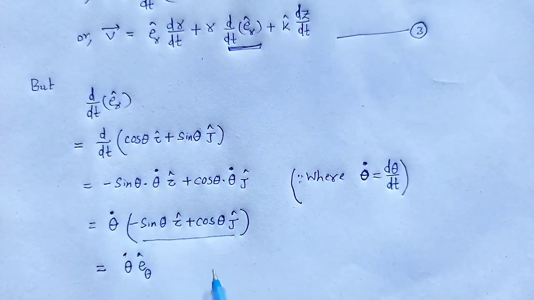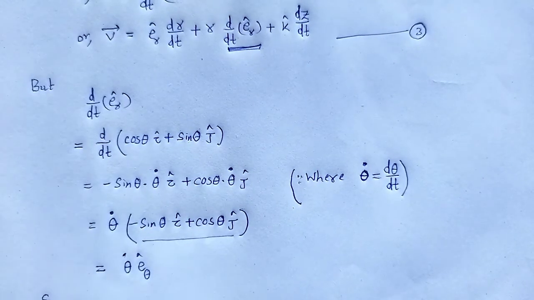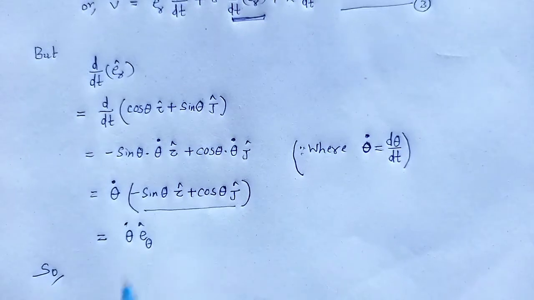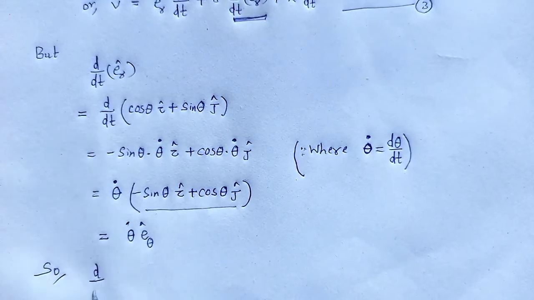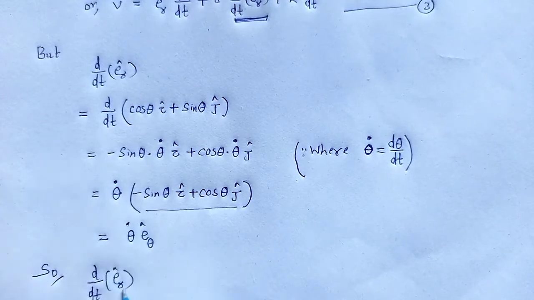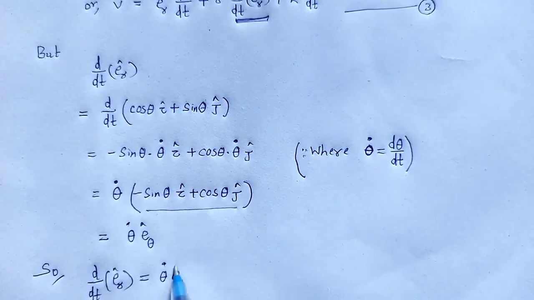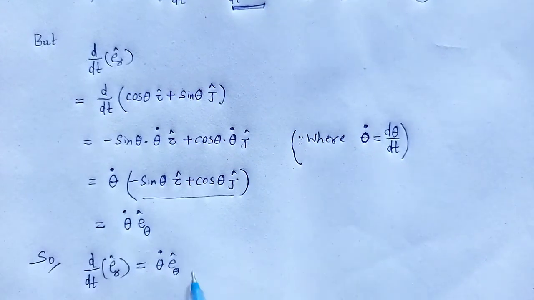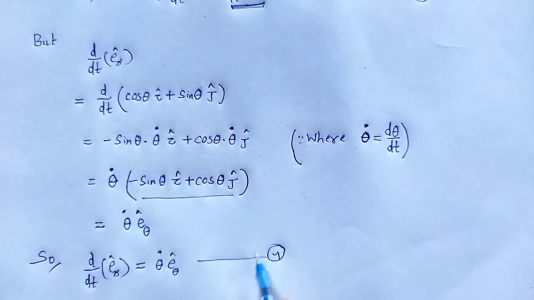So we find d by dt of e r cap is equal to theta dot e theta cap, equation number 4.